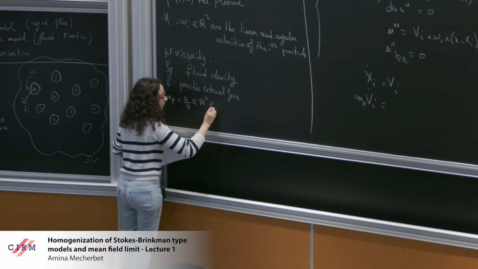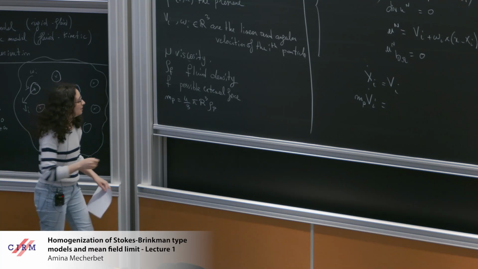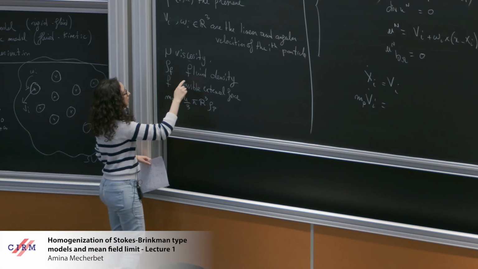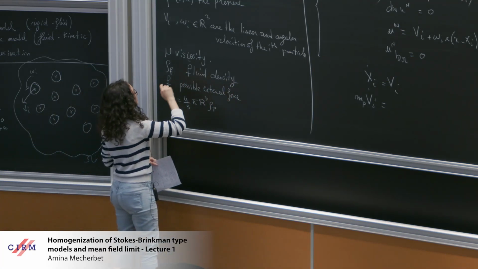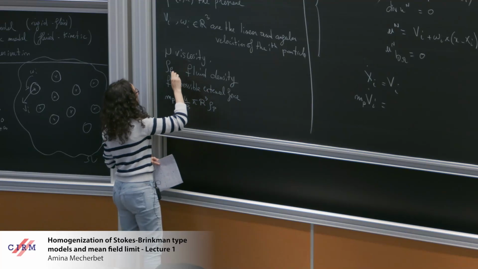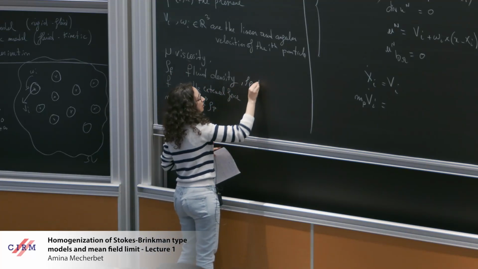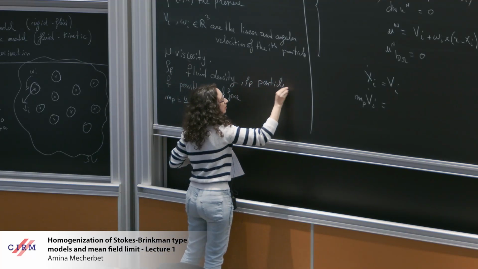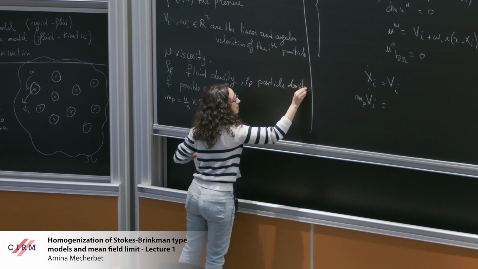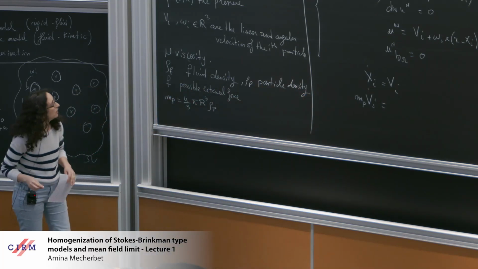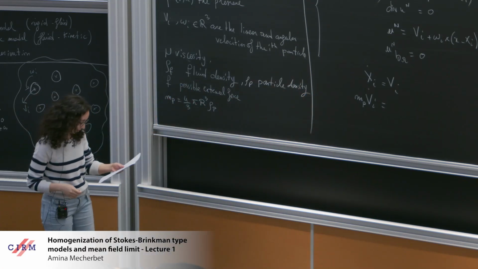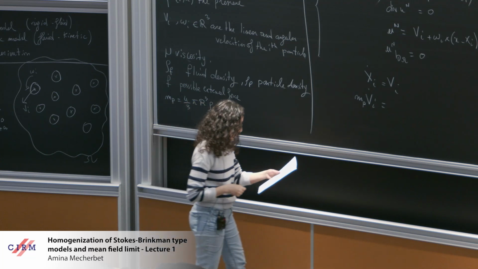Since the particle is spherical, it's given by this, where rho p is the particle density. I will need more space for the next definition.